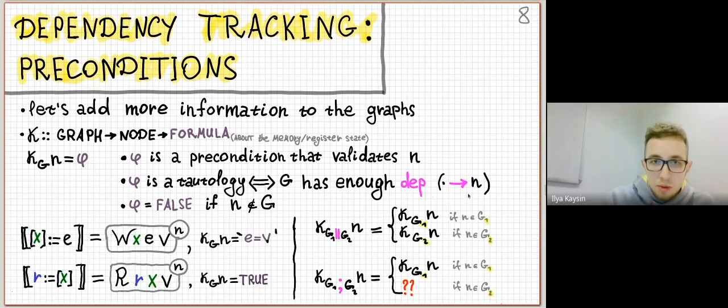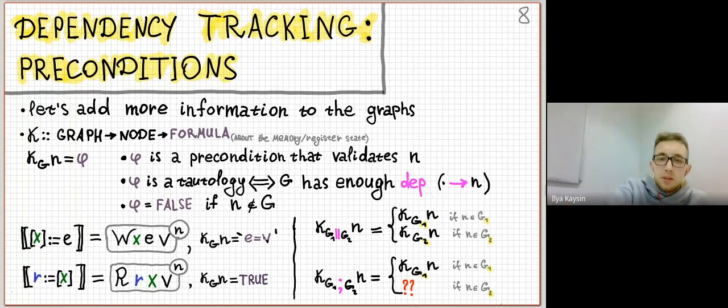Okay, so how do we define these kappas? How do we define the preconditions? Let's do it along with our denotational semantics. So remember, when we interpret a write, we get a singleton graph with a single vertex, let's call it n, and let's define the kappa, the precondition of this vertex n, as E equals V. That is, we say that this write is valid if we wrote the value that we are saying we wrote, right?